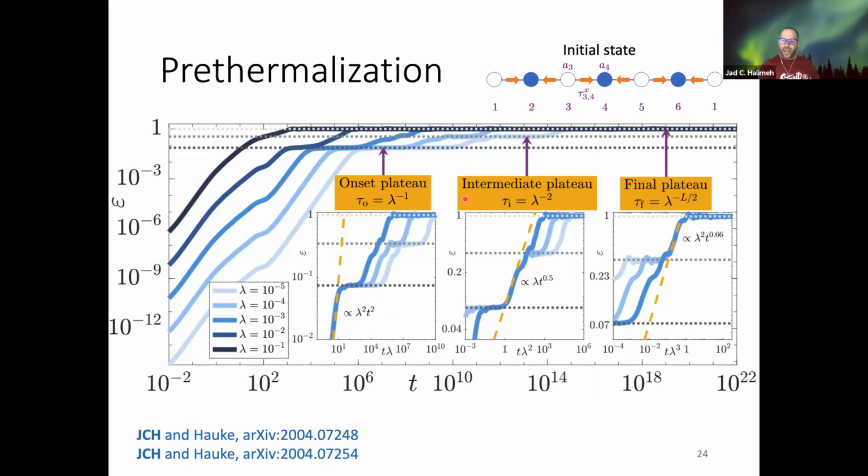So here, this is exact diagonalization results for L equals 6 matter sites. And you see I have 3 plateaus. And the smaller the value of lambda here that you see, the longer lived these plateaus are. In the insets, I'm just doing a time scale analysis.